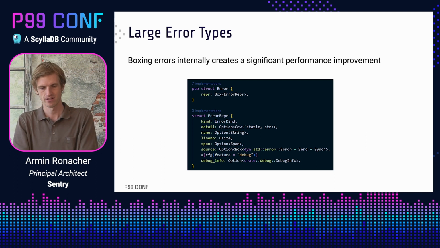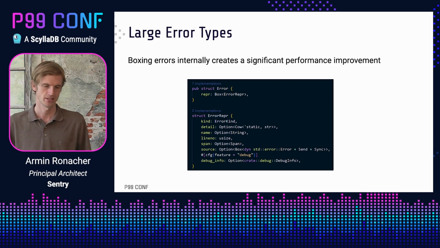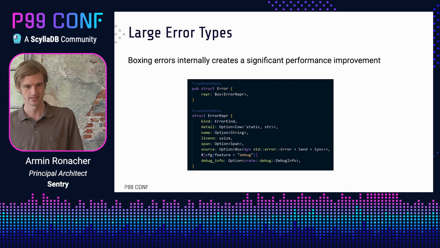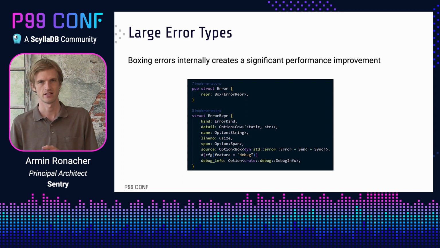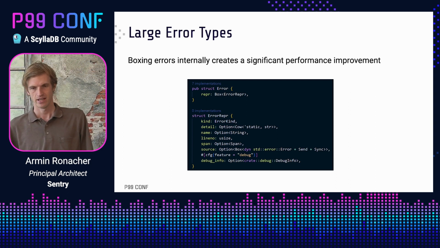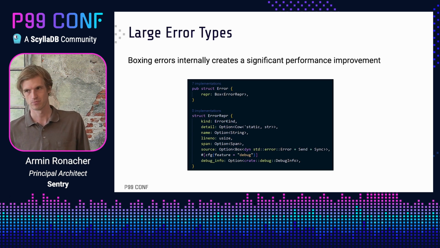The first one here is an example from MiniJinja, which is a templating engine that I wrote in Rust. Originally, this error type really only had two fields: kind, the error kind, and detail, which was a static string at the time. And that was a struct. I passed this down from place to place, but over time, more and more debug information was added to this error type.